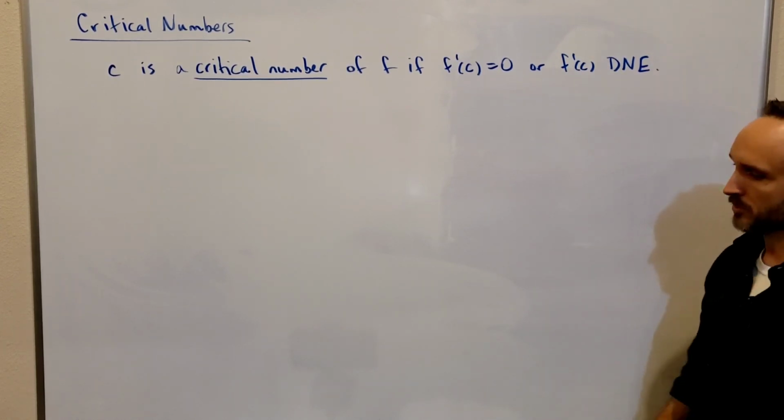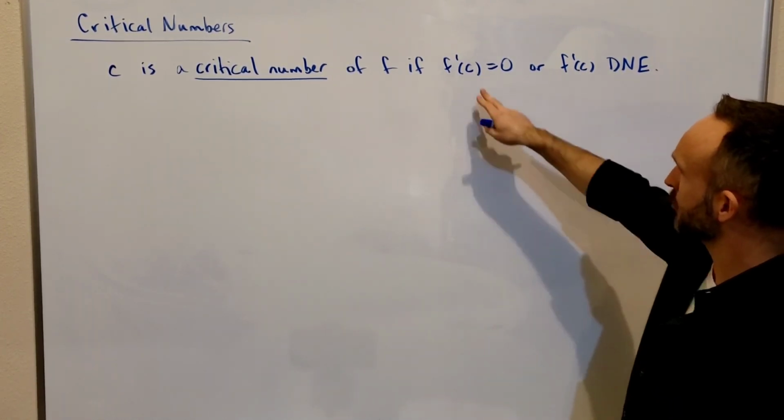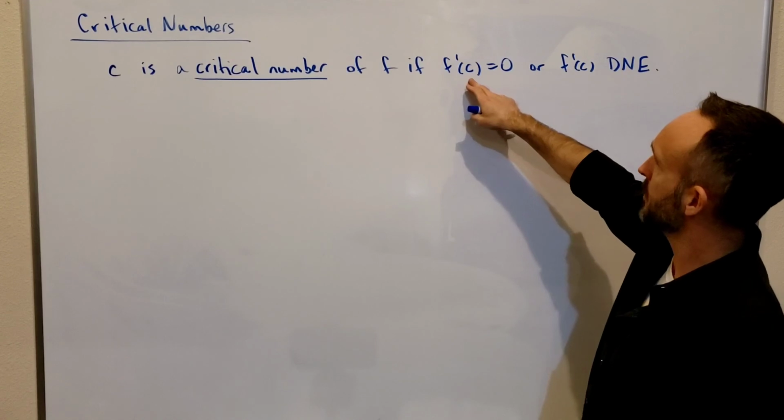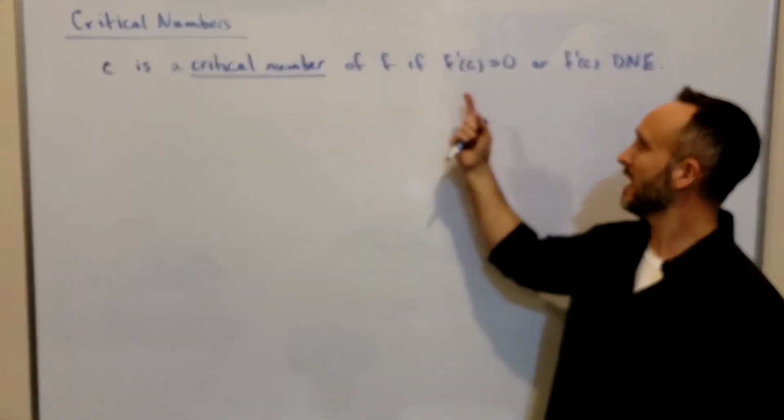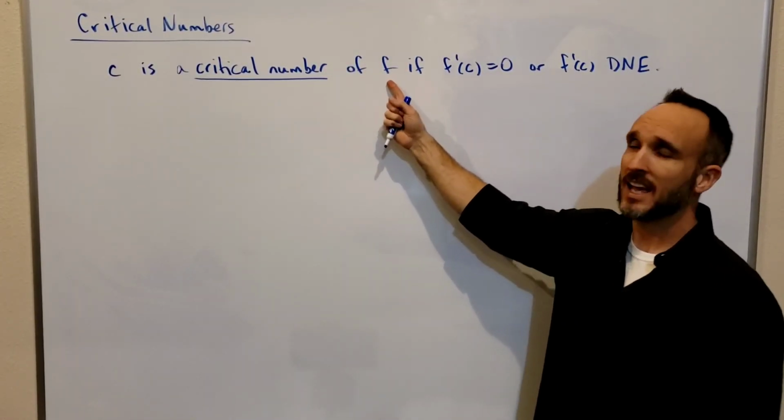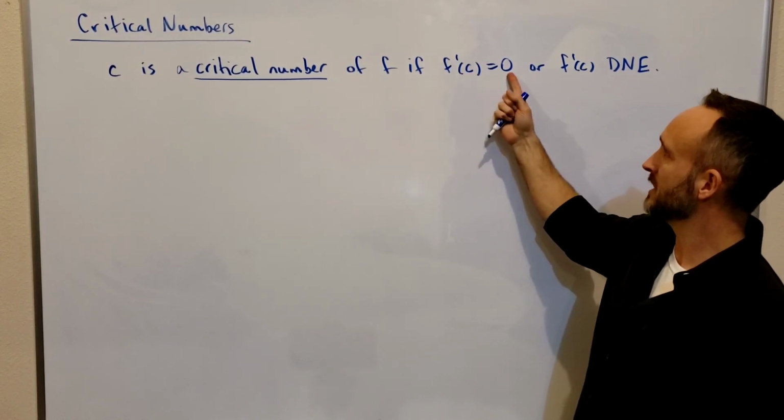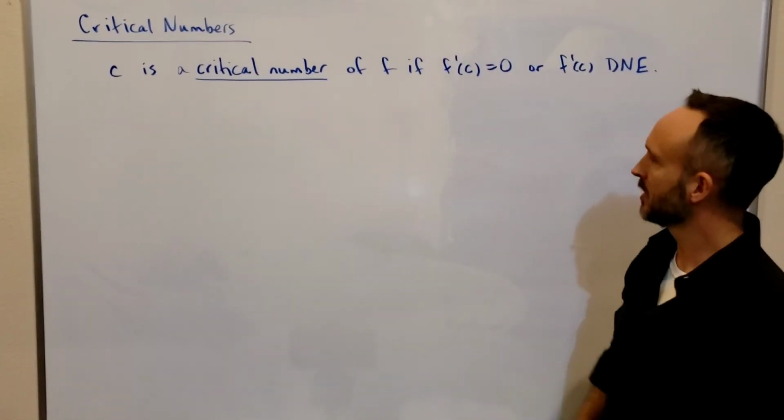Okay? So one of two things. Now remember what this means. If f prime of C is 0, that means that the function f has a tangent line slope of 0 at C. All right?